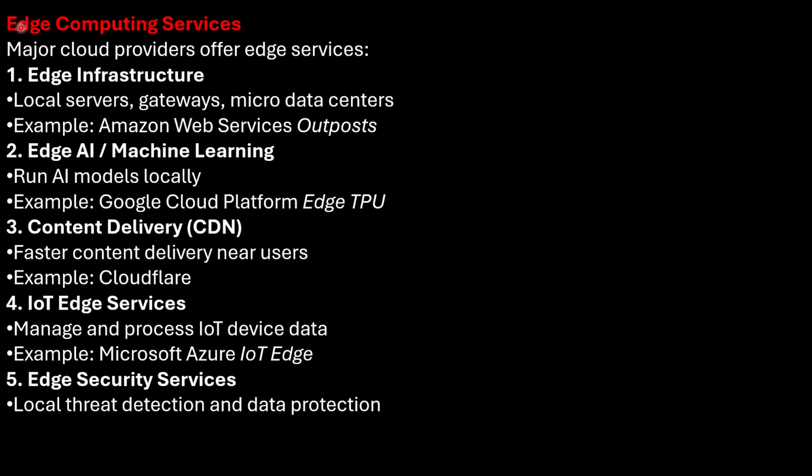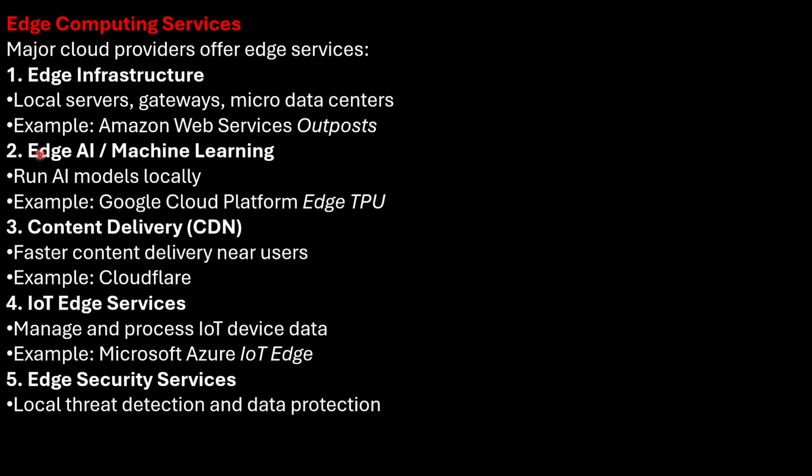Dear friends, edge computing services: major cloud providers offer edge services. First one is edge infrastructure: local server, gateway, micro data centers. Example, Amazon Web Services Outposts.